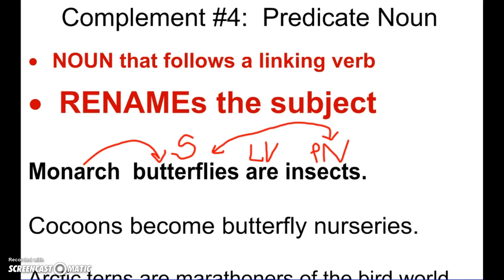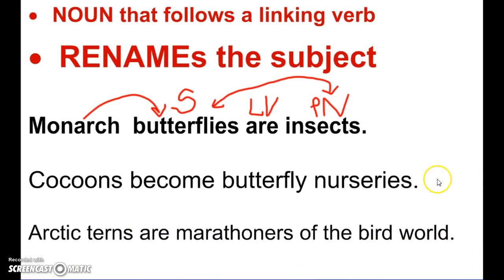Okay. Cocoons become butterfly nurseries. I don't see any prepositional phrases in there, so I'm going to look for my subject. What's it about? It's about a cocoon. I'm going to look for my linking verb, and I remember from my linking verb list: become, grow, remain, appear. Become. It's a linking verb. And what do the cocoons become?